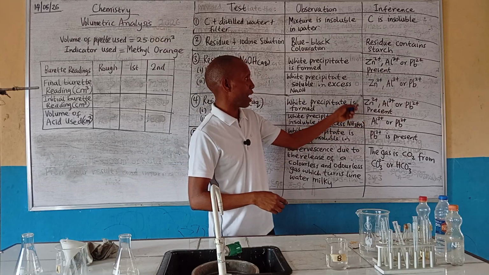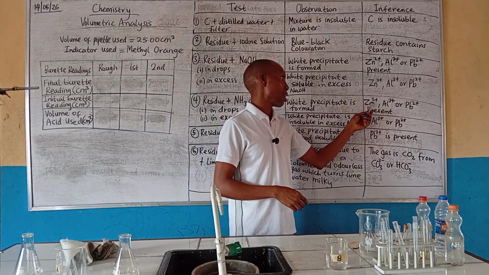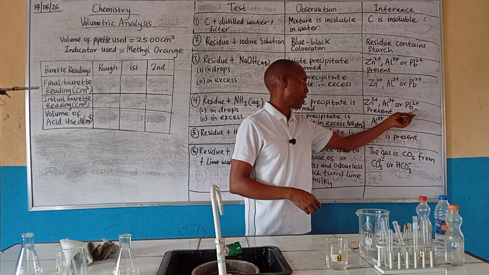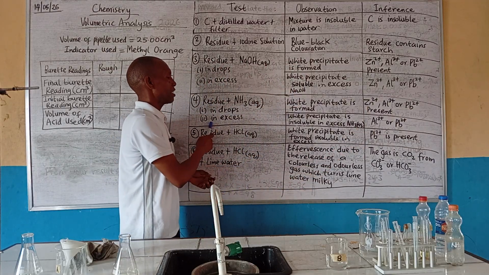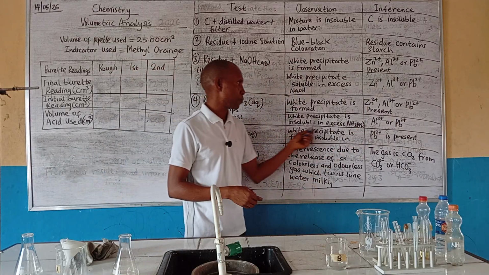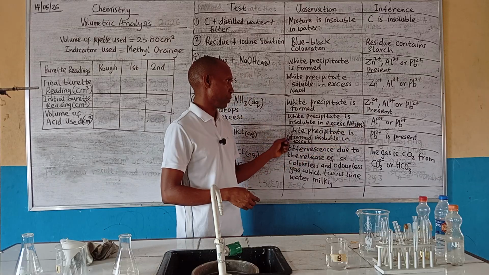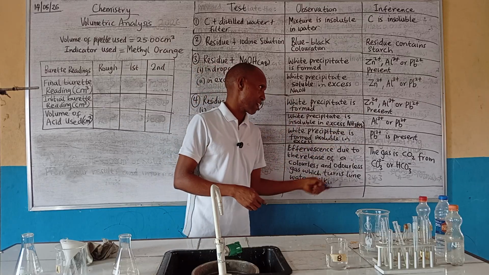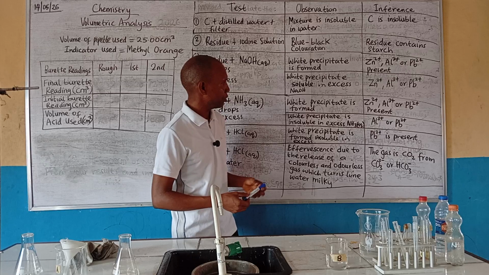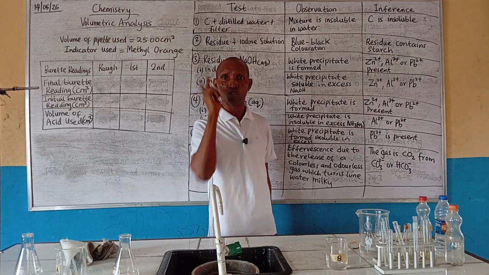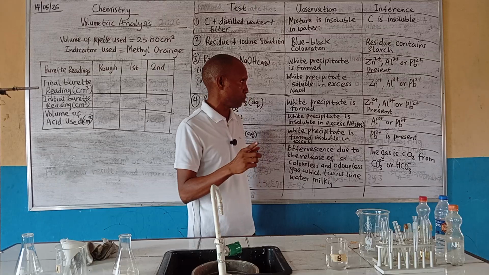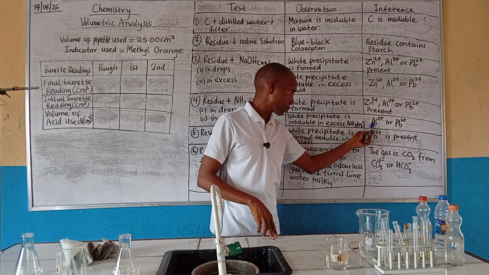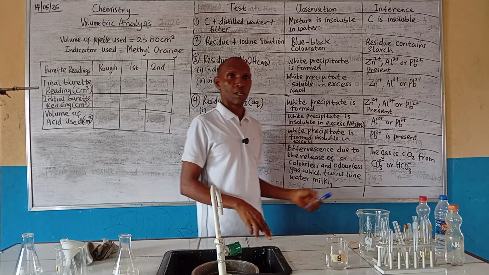So you are still going to write the same inference: zinc, aluminium, or lead present. Then, in excess, the white precipitate this time around will be insoluble in excess aqueous ammonia. In this case, there are only two cations that can be insoluble in excess aqueous ammonia. They are aluminium and lead.